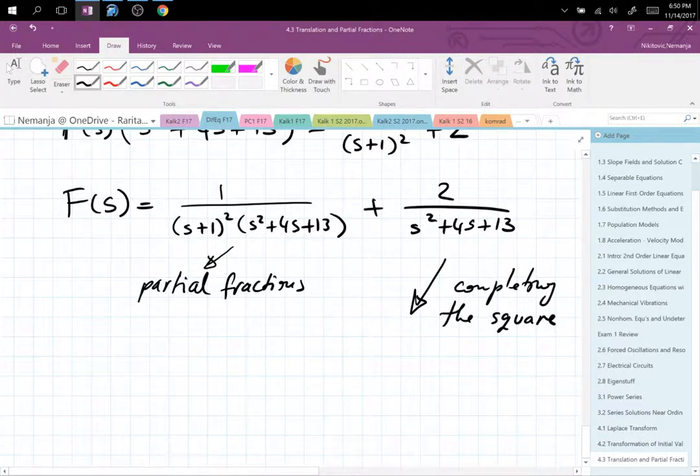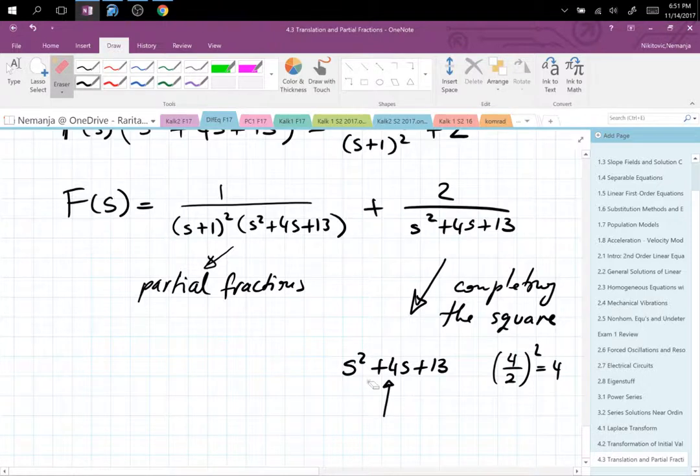And completing the square on s squared plus 4s plus 13 is going to be 4 divided by 2 squared is 4. So, right, you take half of b and square it.